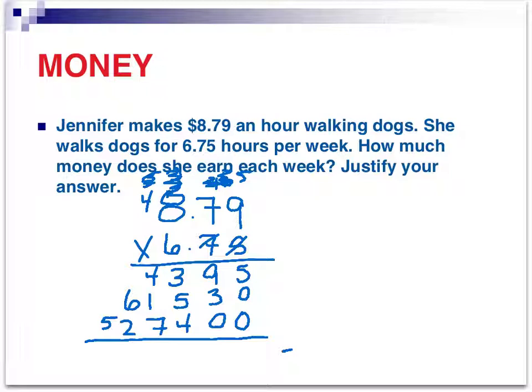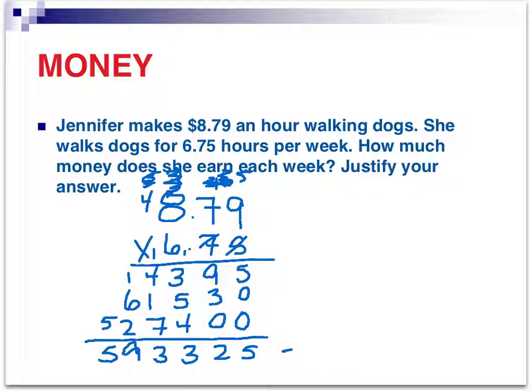Add them all up. 5, 12, 4 and 5 is 9, plus 4 is 13. 4 and 1 is 5, plus 1 is 6, plus 7 is 13. 7 plus 2 is 9, and 5. So there are all the digits.